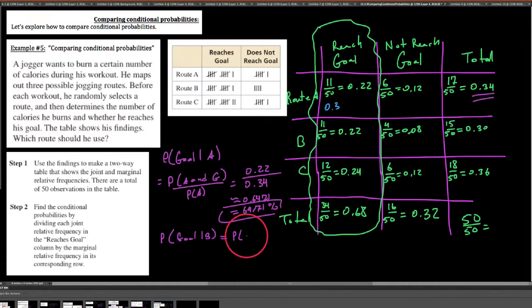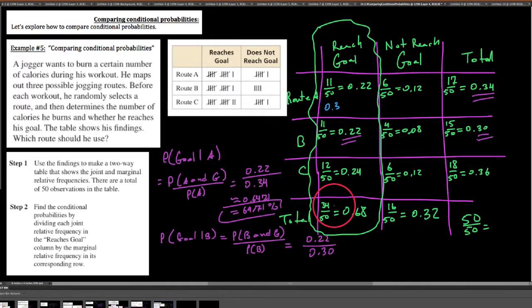So this would be the probability of B and goal all over the probability of B. Rewriting these here, the probability of the time that he ran route B was 30% of the time. Now, what's the probability that it was on B and he reached his goal?